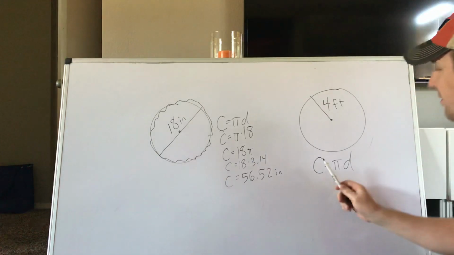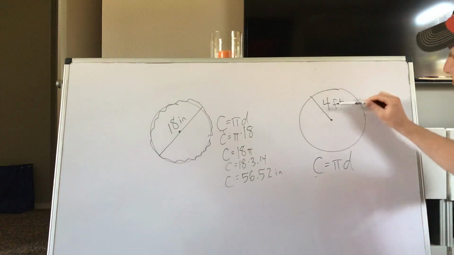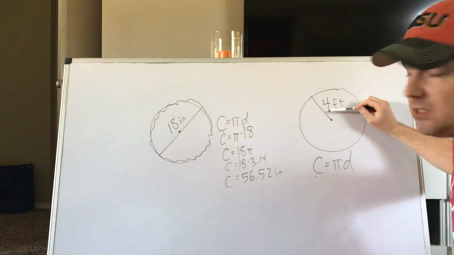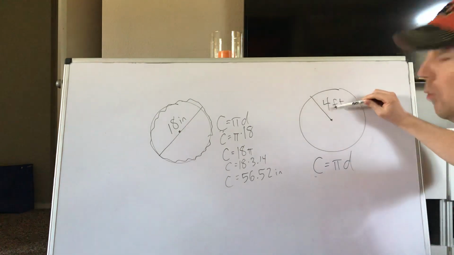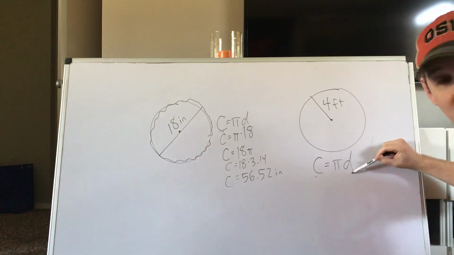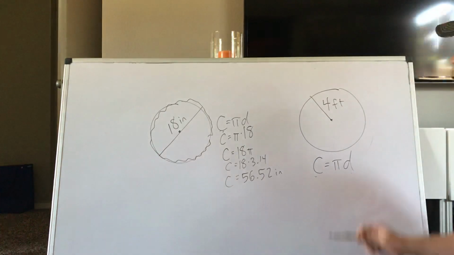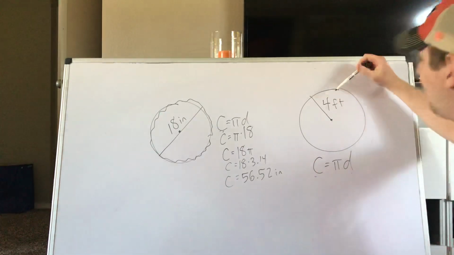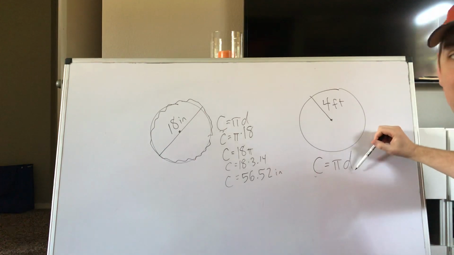Edmund, to find the circumference, we need the diameter. That's the radius. Kids will make the mistake of putting the radius right there, but you shouldn't, because we need the diameter. So if the radius is 4, Edmund, what would the diameter be?